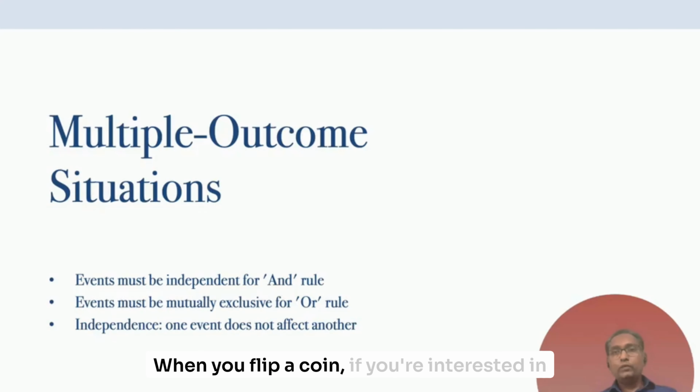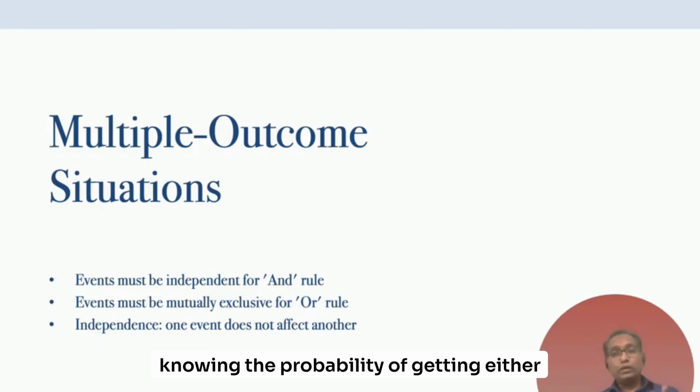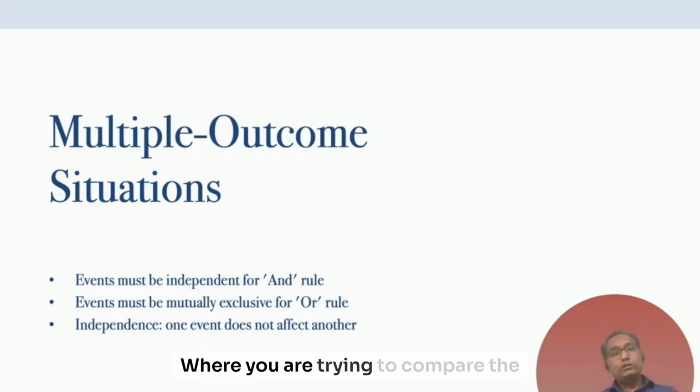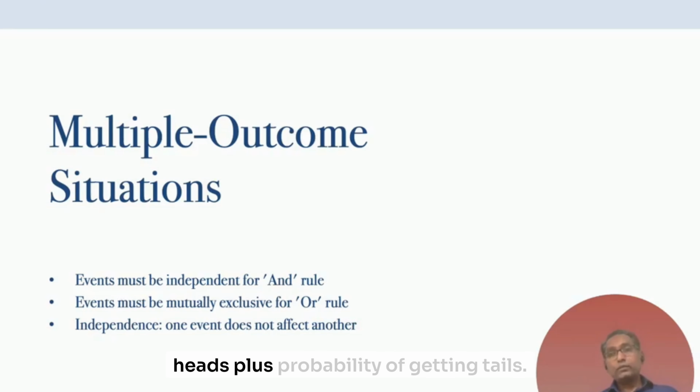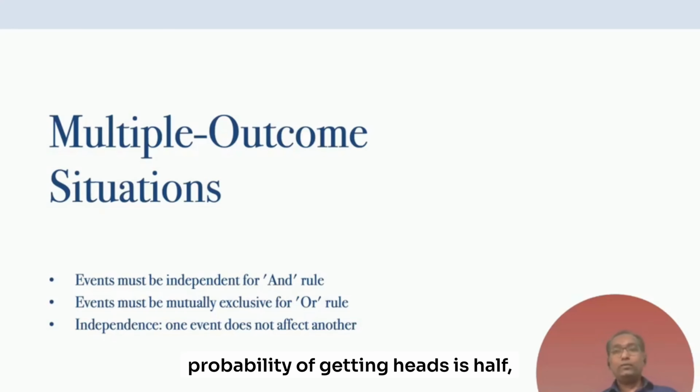Or you can apply the same thing to the flipping a coin situation, right? When you flip a coin, if you're interested in knowing the probability of getting either heads or tails, it would be the same thing, where you are trying to compare the probability of mutually exclusive outcomes of an event. In that case, you have the probability of getting heads plus the probability of getting tails. The probability of getting heads is half. The probability of getting tails is half. When you add these two, you get 1.